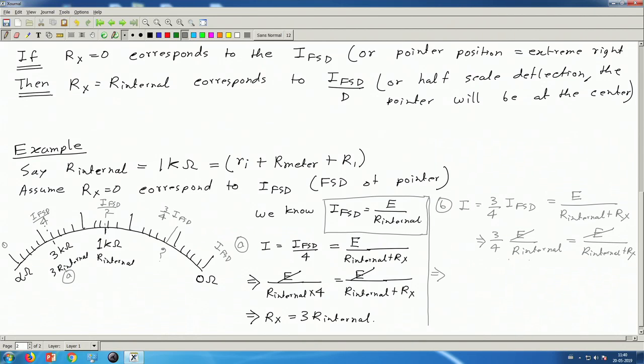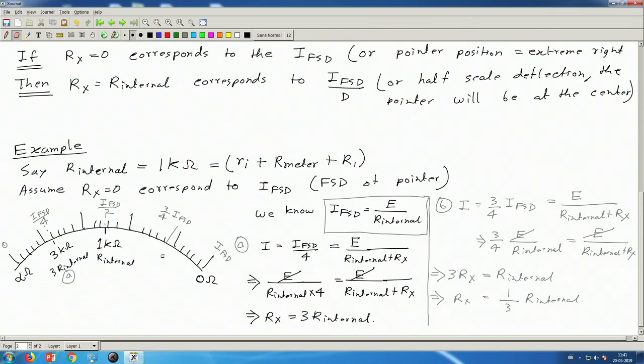We will have 3 R internal plus 3 Rx, and on this side 4 R internal. 3 Rx is equal to 4 R internal minus 3 R internal, which will be R internal, implying Rx is equal to 1/3 of R internal, and when R internal is 1 kilo ohm, this value will be 1/3 kilo ohm.